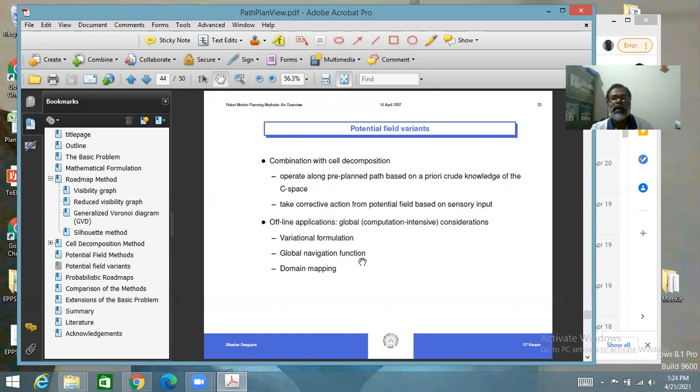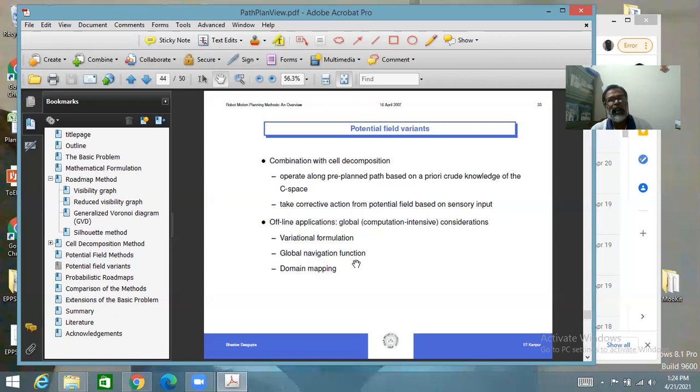Then we also work out a global navigation function. This is another series of works that we did on this idea. For that, we design a function which will be a Laplacian function, and for which we handpick the boundary conditions. The boundary condition of the goal we put as 0, and the boundary conditions of all the obstacle boundary points we put as 1, and then based on that we work out the potential of the entire region.